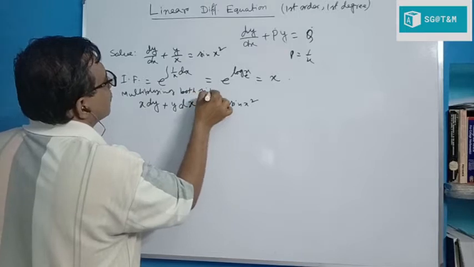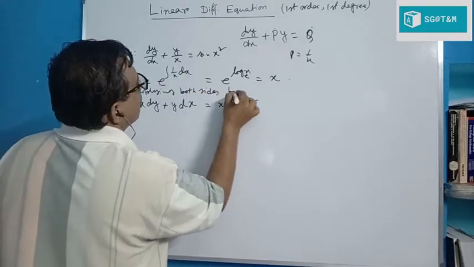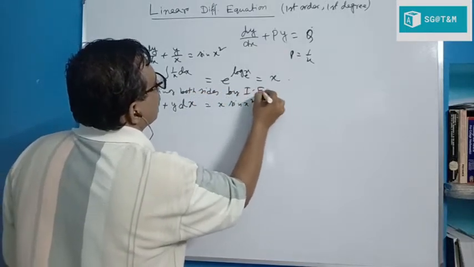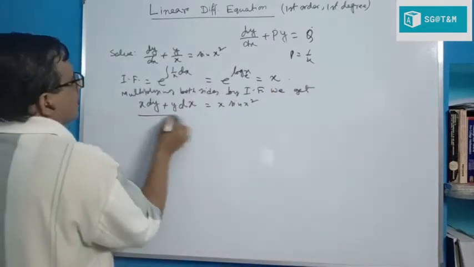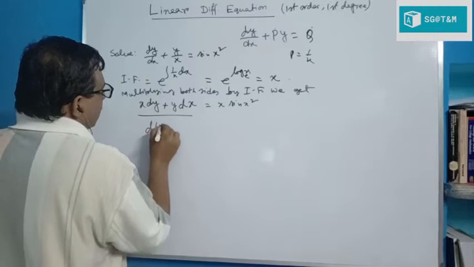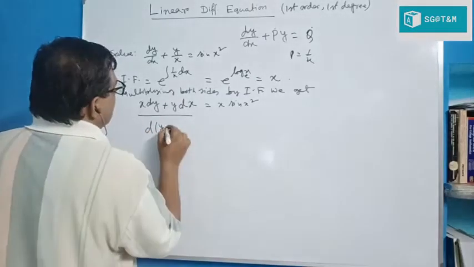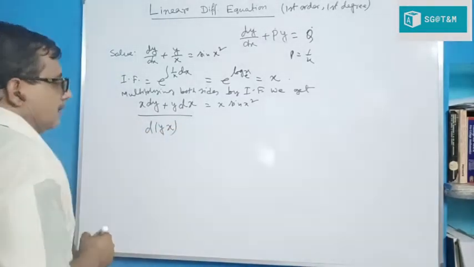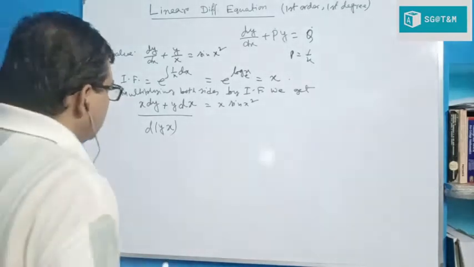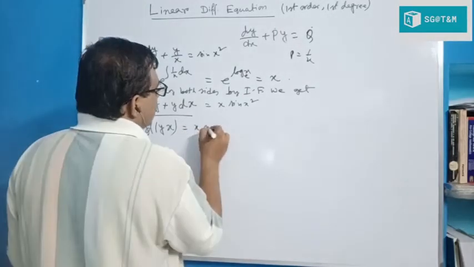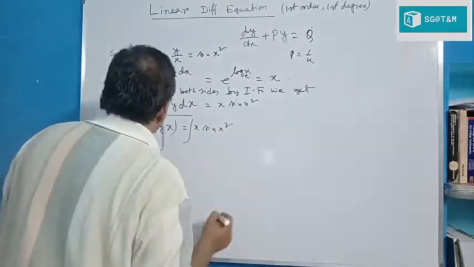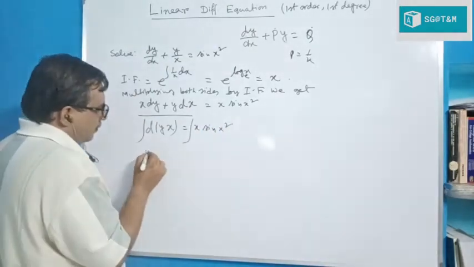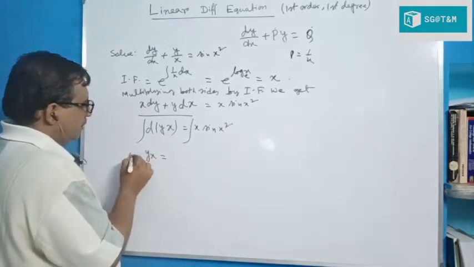So this is nothing but d of integrating factor into y, that is y into x, and it will be x into sine of x square. Now integrating both sides, d of yx, that means y into x. After integrating we get this.